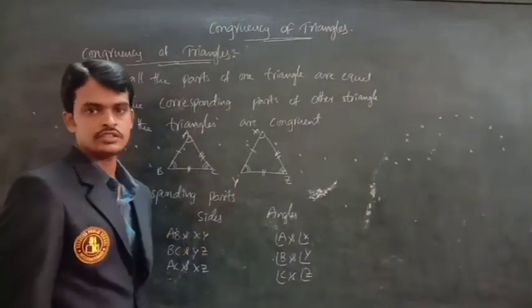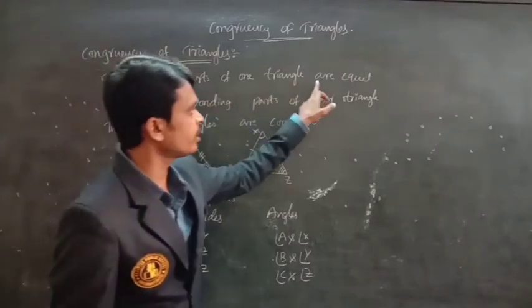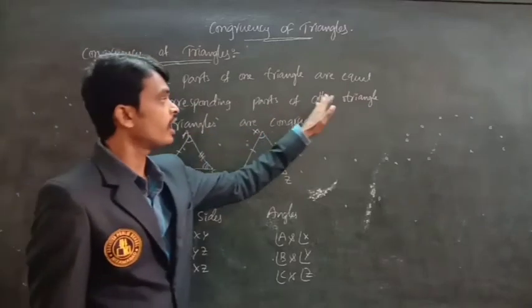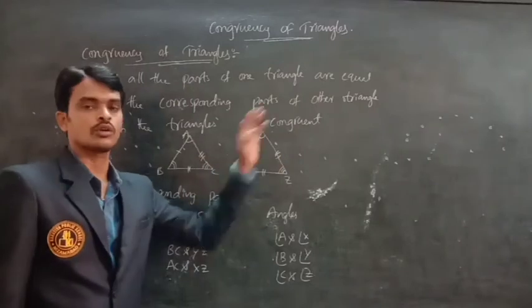Congruency of triangles. If all the parts of one triangle are equal to the corresponding parts of another triangle, then the triangles are congruent.